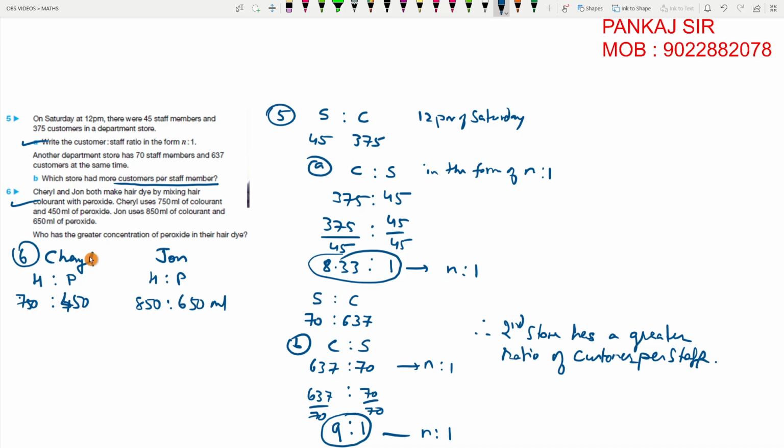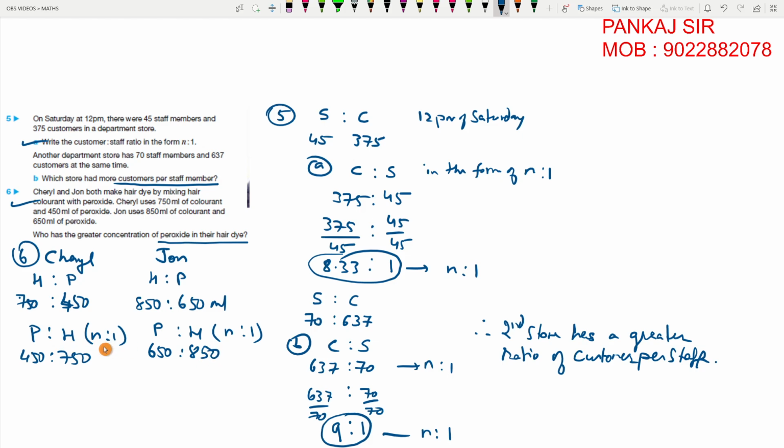Now the question asked is who has a greater concentration of peroxide in the hair dye? So he wants the greater amount of peroxide. So what I'll do is I'll convert this ratio as P is to H, here also P is to H. Moreover, I'm going to convert this ratio into n is to 1 form, this also in n is to 1 form. This will help me in doing the comparison. So P is to H will be 450 is to 750, and here it will be 650 is to 850.